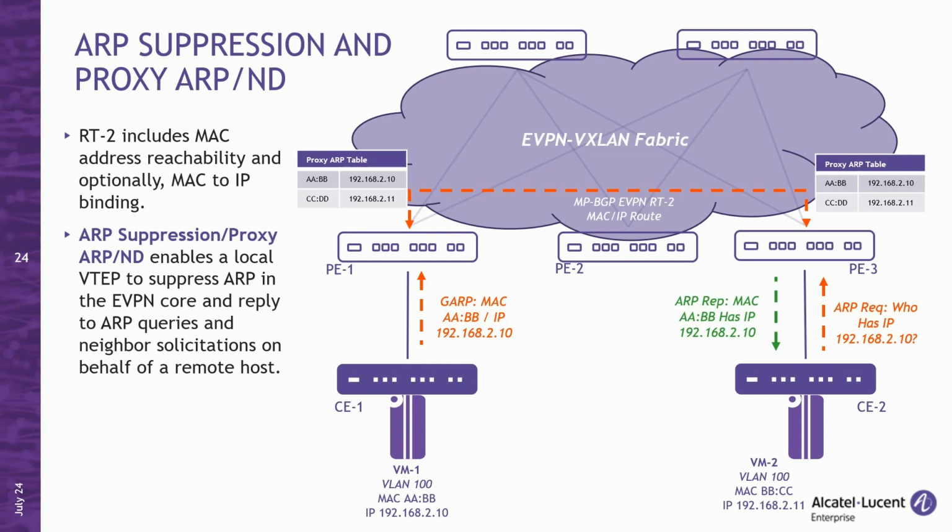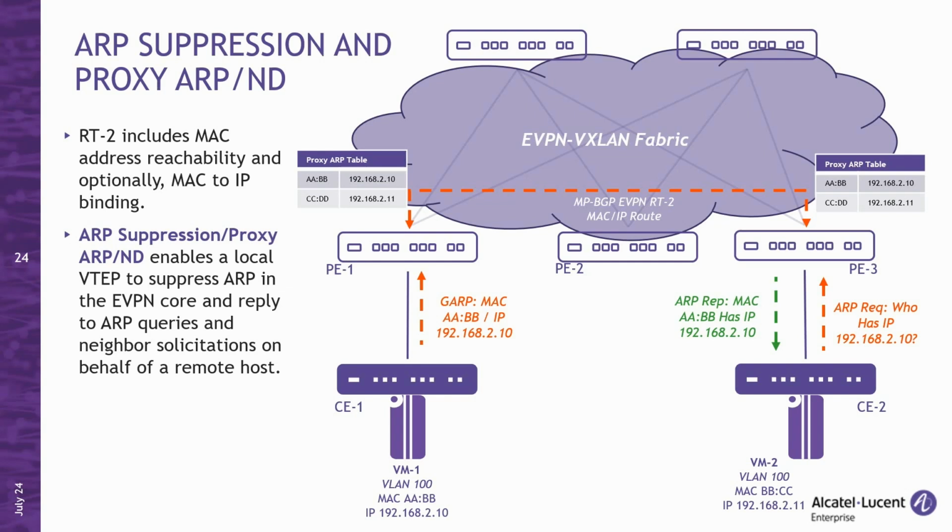One of the benefits and optimization features of EVPN is the ability to allow PEs to act as a proxy and respond to local ARP requests or IPv6 neighbor solicitation messages to reduce or suppress the flooding produced by them. This reduces the BUM traffic flooding in the fabric. In the route type 2 MAC IP advertisement route, you can optionally carry IPv4 or IPv6 addresses associated with the MAC address.